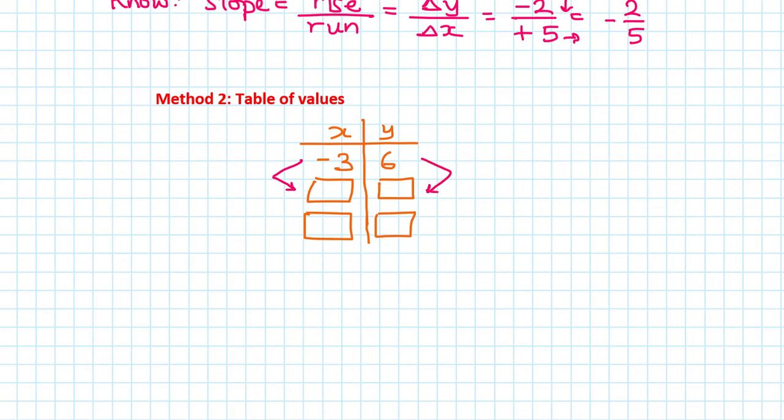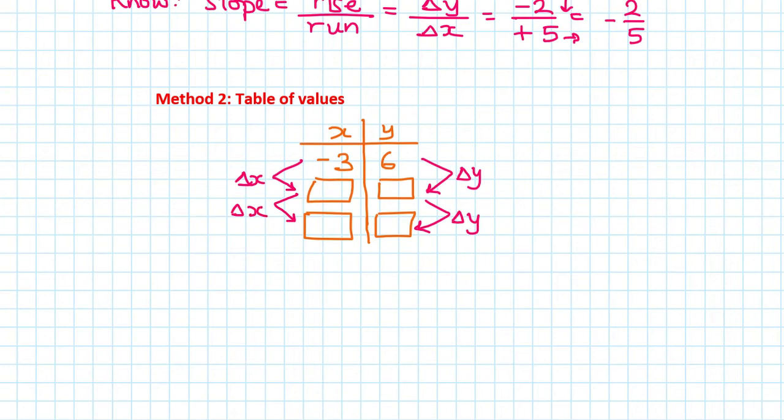However, if you're going 5 steps to the right, that is for our x. So this here represents our change in y, and on the x, we are going for the change in x.